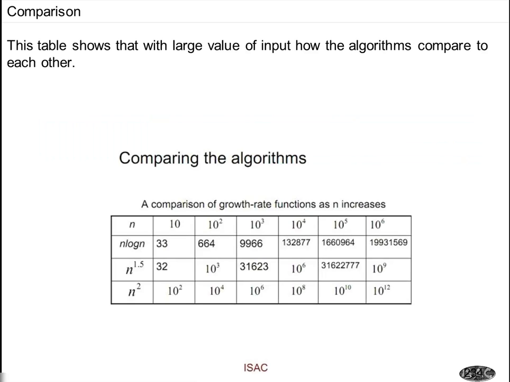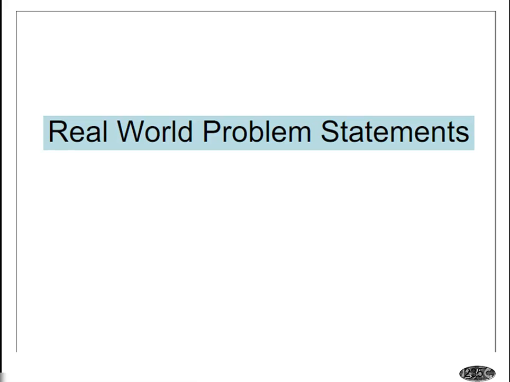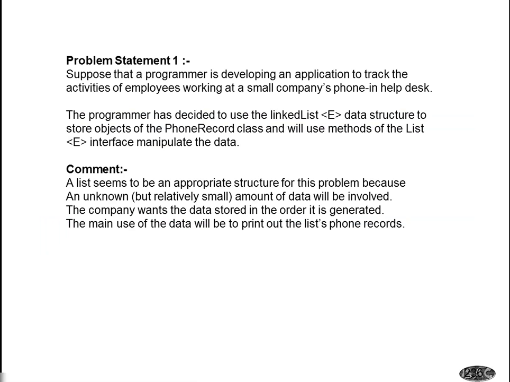So that pretty much covers our sorting algorithms. Now let us see a few real world problem statements. The problem statement is that, suppose that a programmer is developing an application to track the activities of employees working at a small company's phone-in help desk.